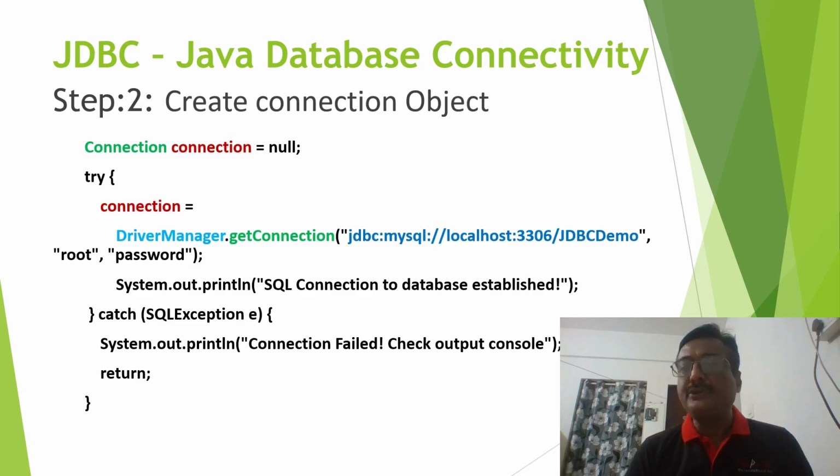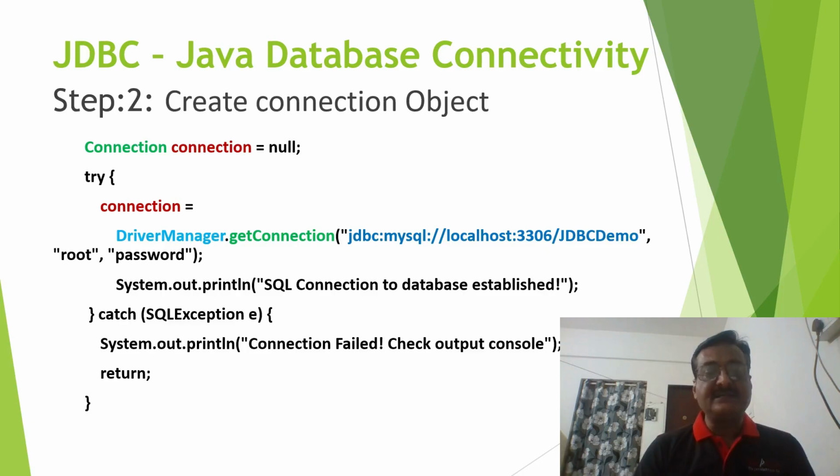According to your database, you can identify the URL as well as the port number and use it. I have created a database named jdbcdemo, which is used here to connect my application with my database. My MySQL database's username is root and the password is password only, which I have kept as it is in my connection string.